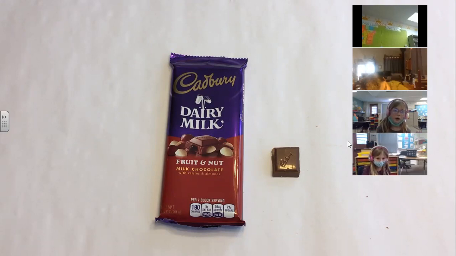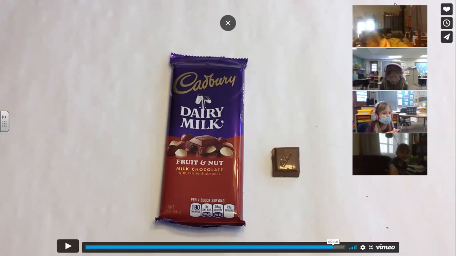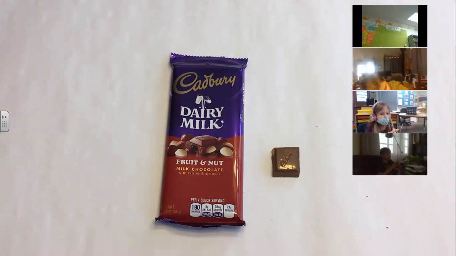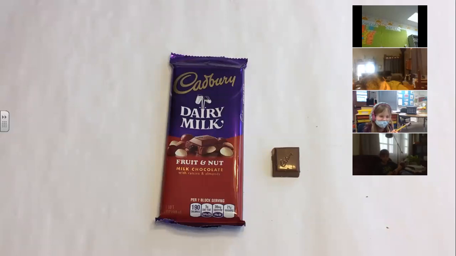Reese, what do you notice or what are you wondering? I noticed there is chocolate on the table, and I wonder if the chocolate is part of the big bar. She's wondering if the chocolate is part of the big bar. Henry, can you unmute?